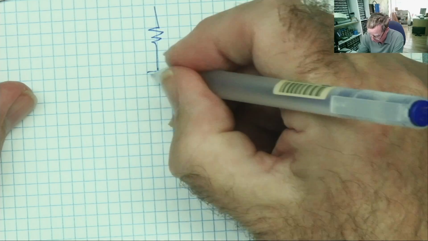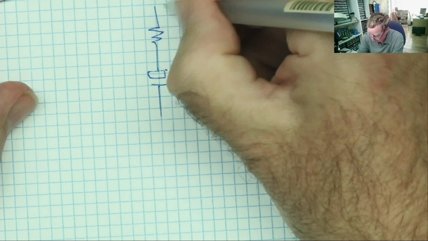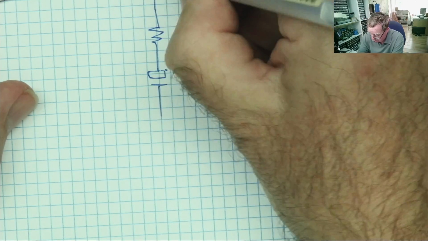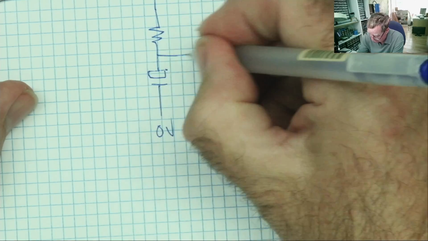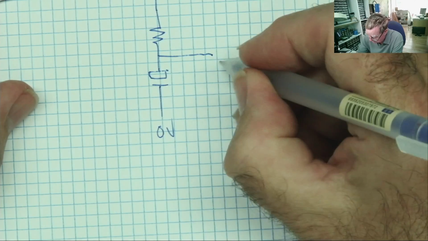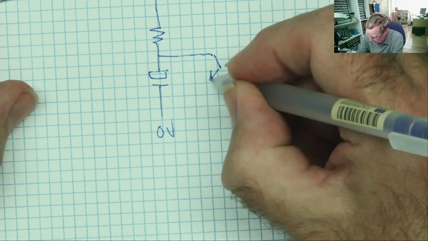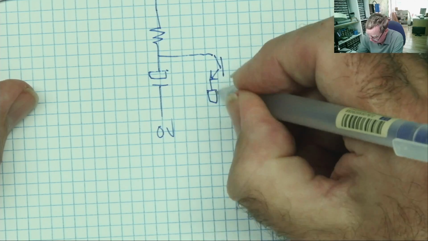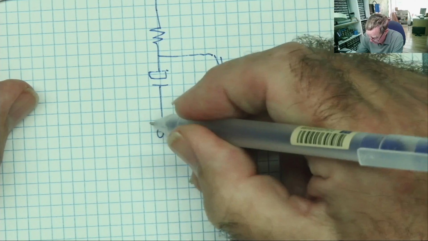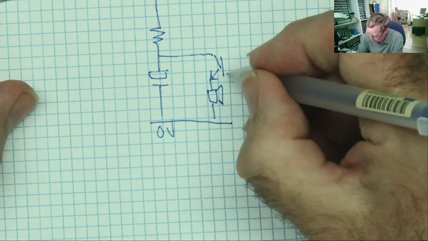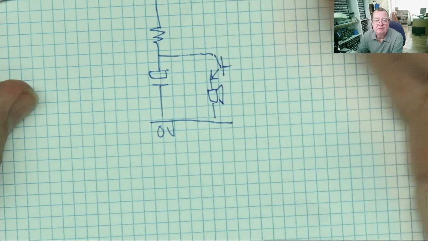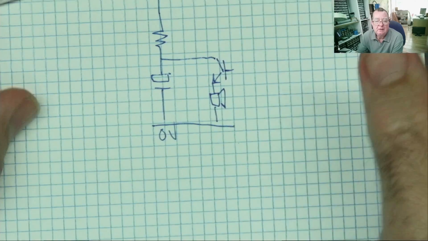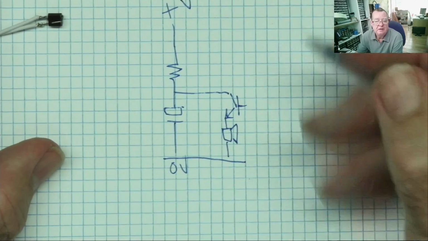If we connect our transistor here in the normal direction like an NPN transistor to our speaker, to ground, because the base isn't connected to anything, the transistor is switched off. So in this instance, nothing happens.